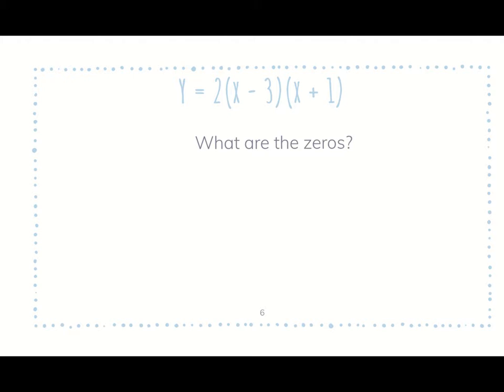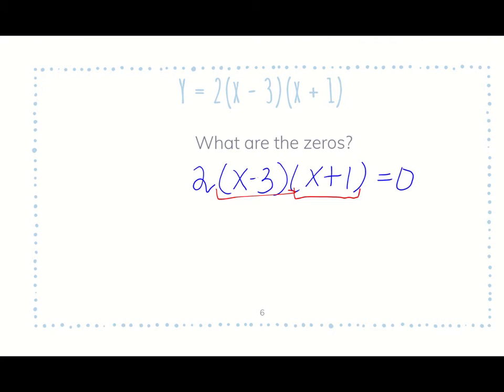So how do we find those zeros? We've done this many times. We need to set the equation equal to 0, because we are finding the zeros. Then we take these factors, set each of them equal to 0, and solve. Those give us our x values, our zeros, also known as our x-intercepts.